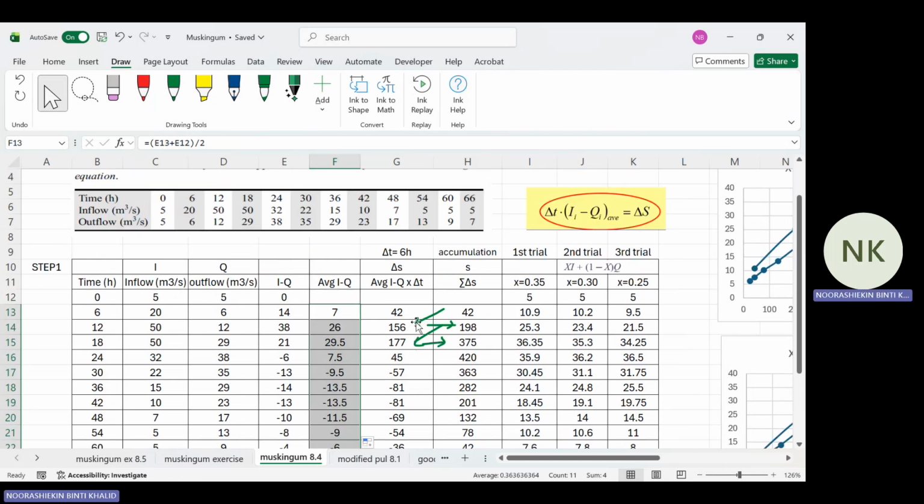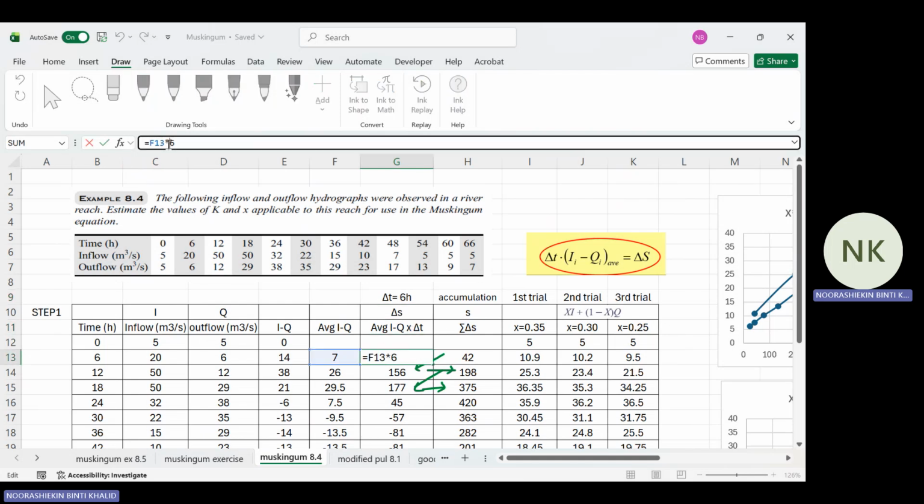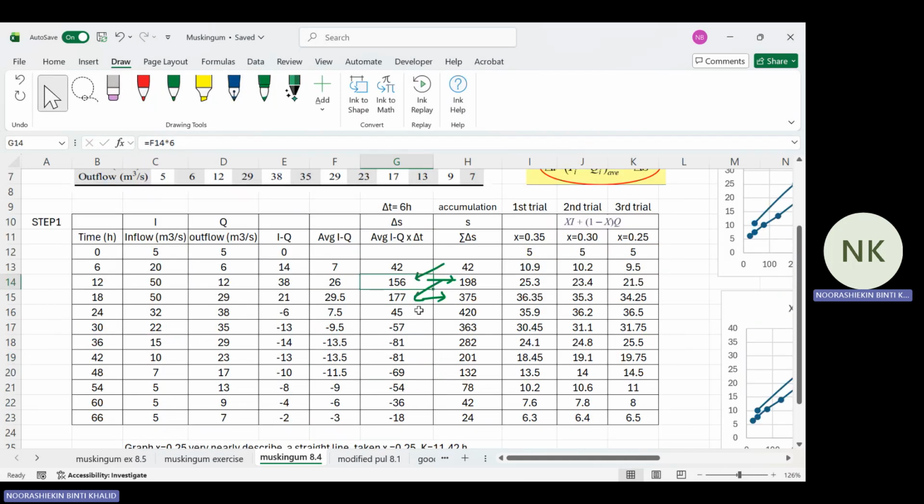And then times delta T. Delta T is fixed at 6 hours because the time interval is 6 hours. 0 to 6, 6 to 12, change of T is equal to 6 hours. So I just times with 6. Just drop down.